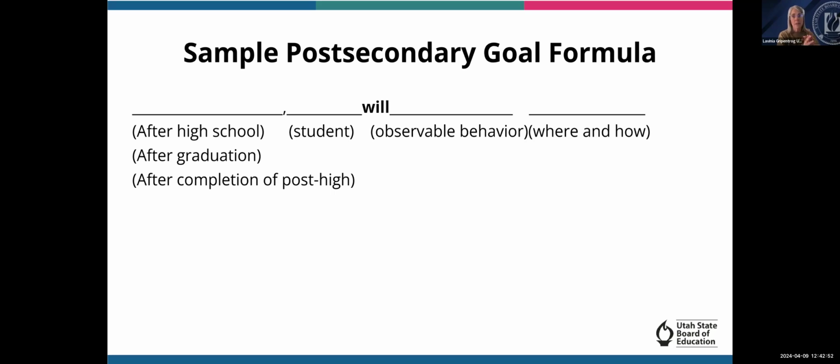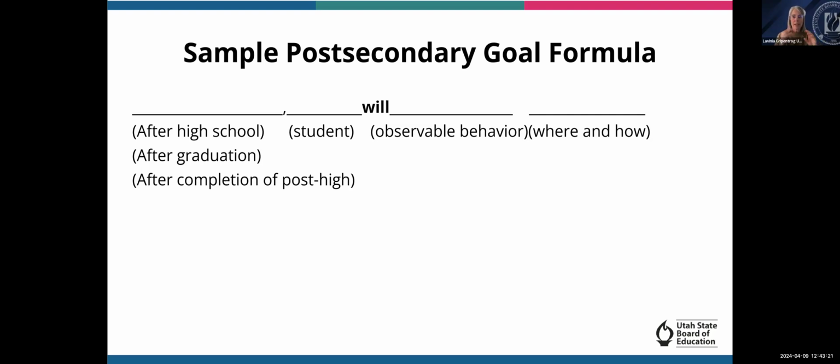So here's that formula I talked about, and this was really helpful. You don't have to follow this exactly, but essentially this has all those compliant components that you really want to pay attention to. So for example, you could start with the statement after high school, or after completion of post-high services, if the student's staying until they're 21 or 22, the student will, let's say, have a job at a retail store with the support of a job coach.